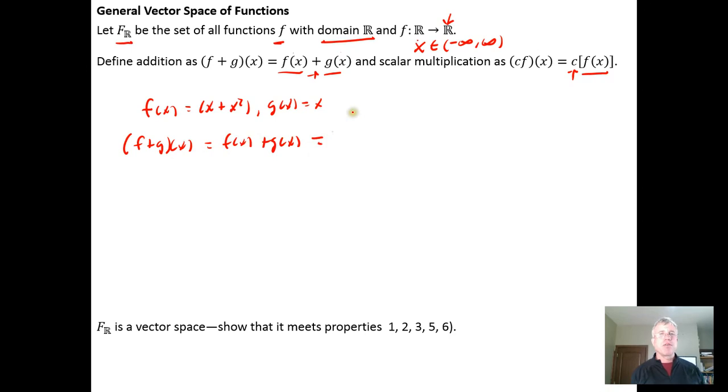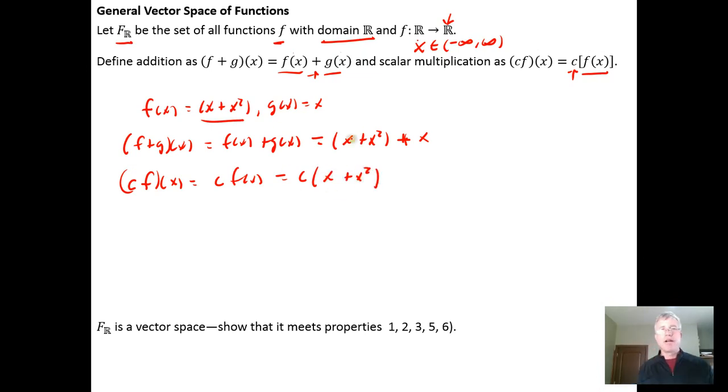And this should have been defined for you when you took your pre-calculus course, so we're just rehashing a little bit what was done there. So that's what (f plus g)(x) would look like, and scalar times f(x) just means take the scalar and multiply it by however you have defined your f(x) to be.